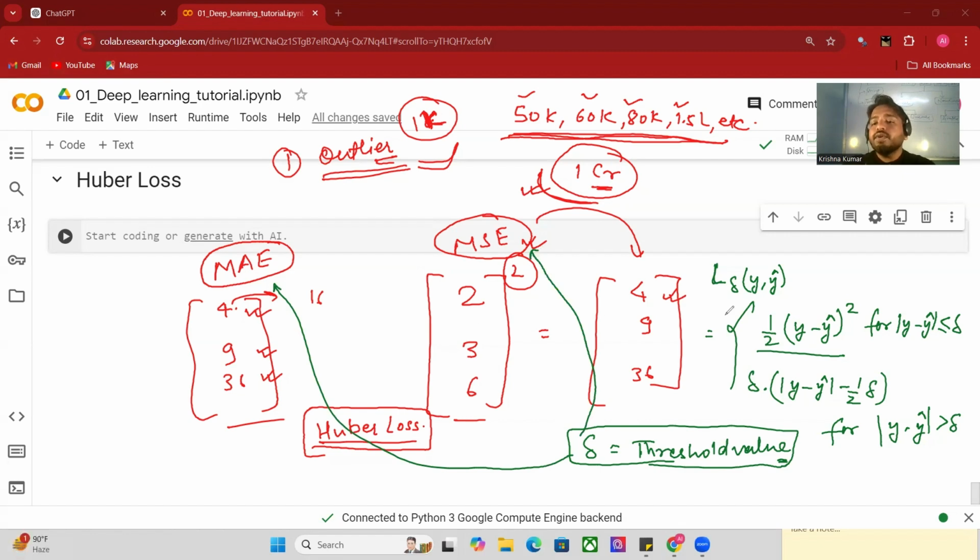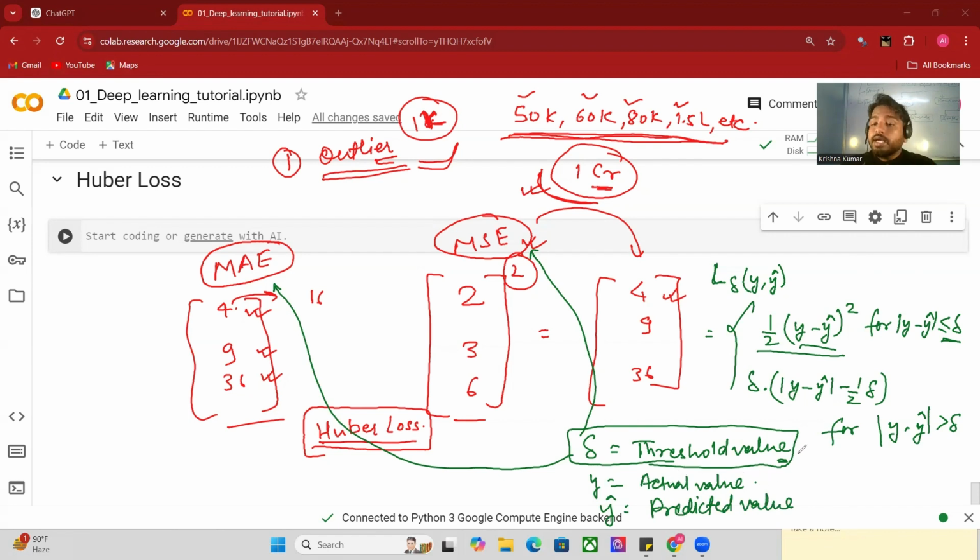So if your y minus y cap is less than this delta, it means the value should be smaller. Let's say your loss is your actual value. What is y? Y is the actual value which we get in the data set. What is y cap? Y cap is the predicted value, what we will get using our model.